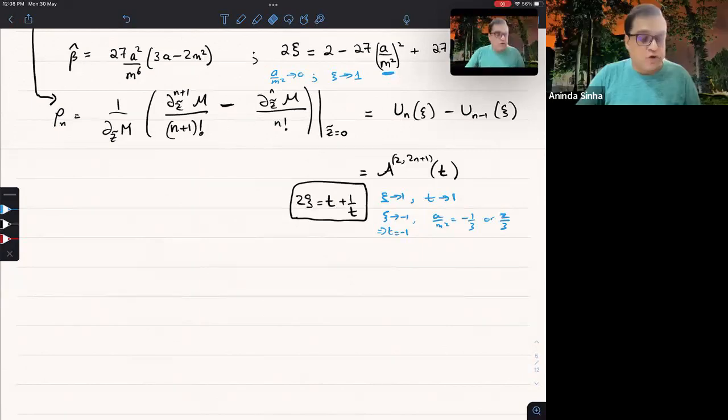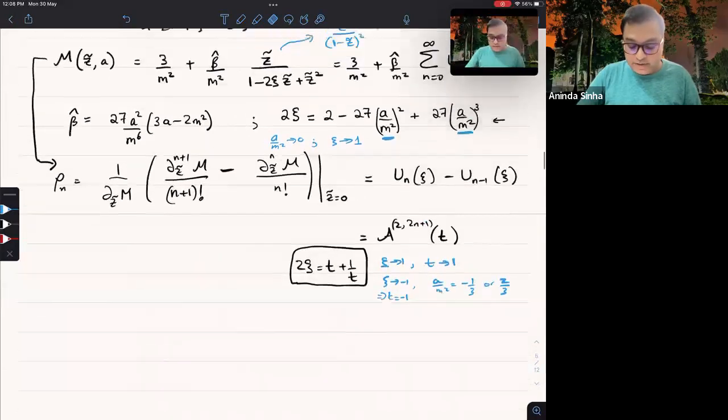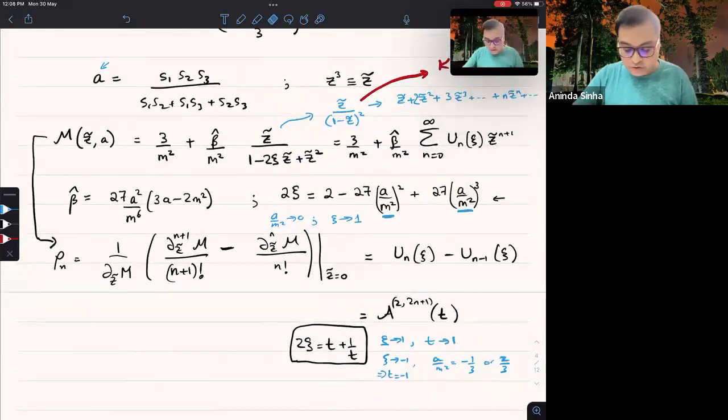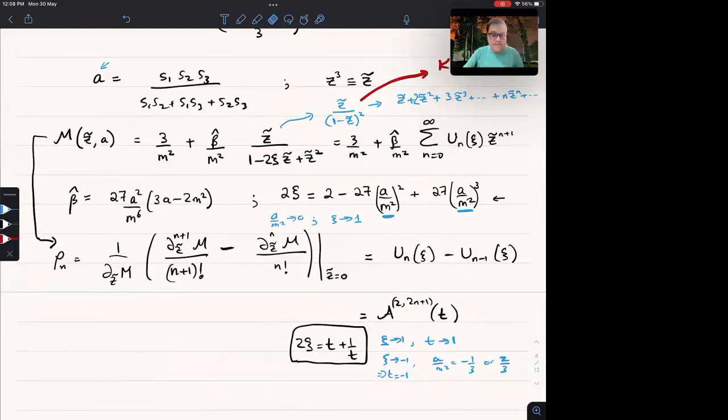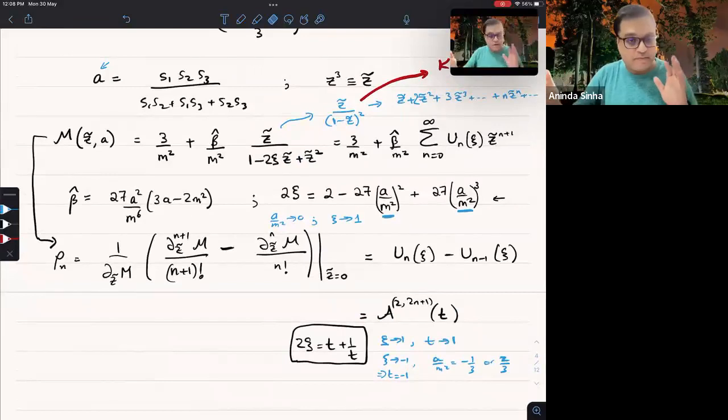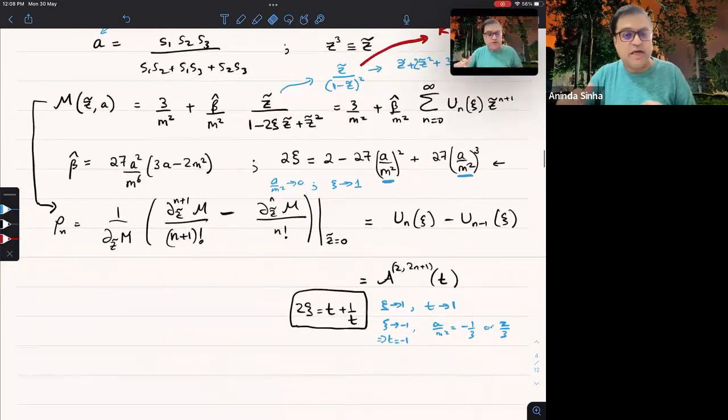Yes, you could, but the point is that you could form various combinations of these Taylor expansion coefficients. So you could come up with 3 comma p kind of knots as well, and that will depend on other combinations of the Taylor expansion coefficients. Basically, you can get any knot polynomial by taking various combinations of these coefficients.